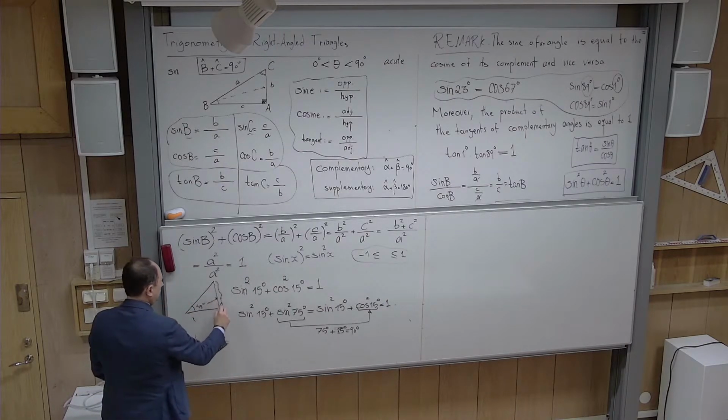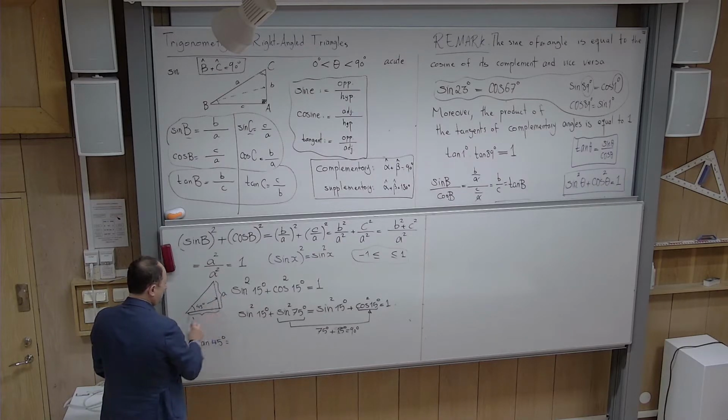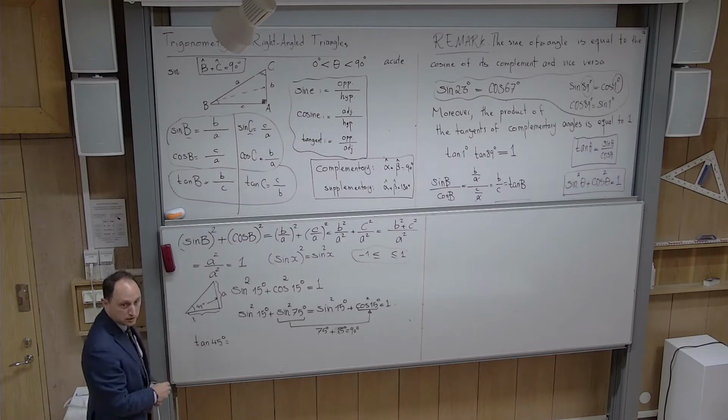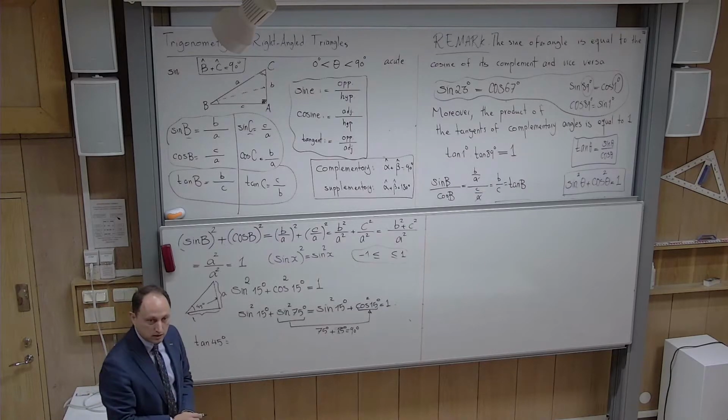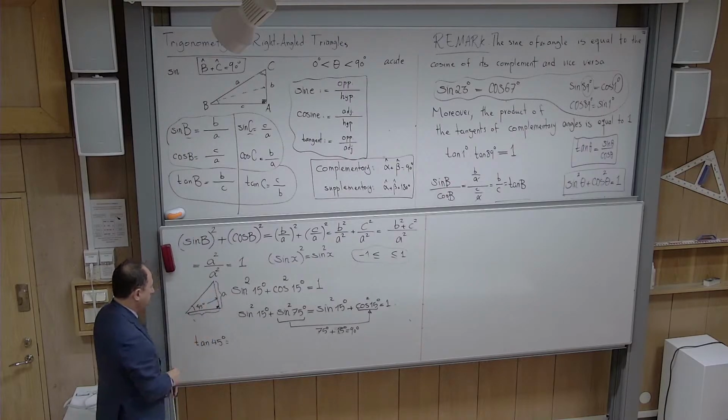So let me call this opposite side A. What will be the length of the adjacent side in this case, if this is 45? Just say it. So if this is A, what is this length? This is 45. This is 90. It's a right angle triangle. It's 45.